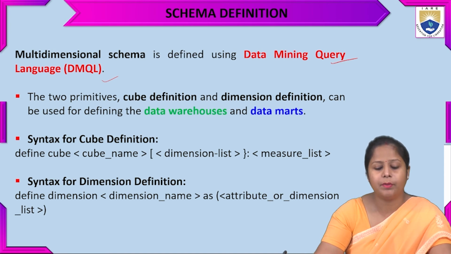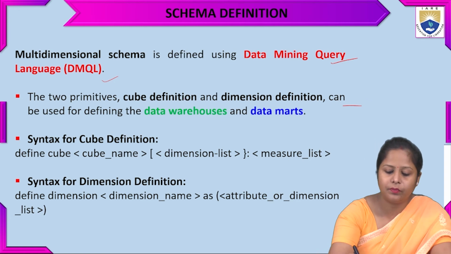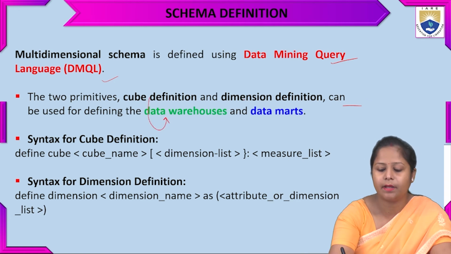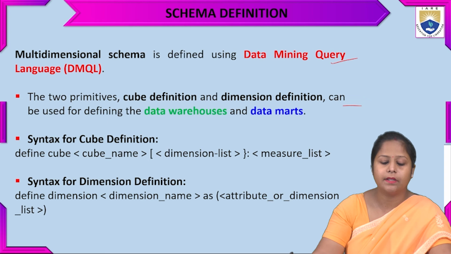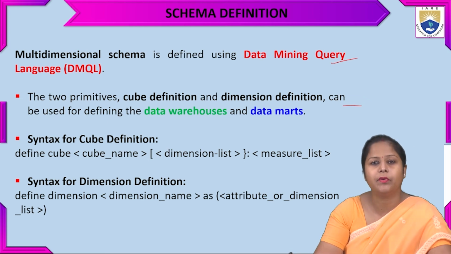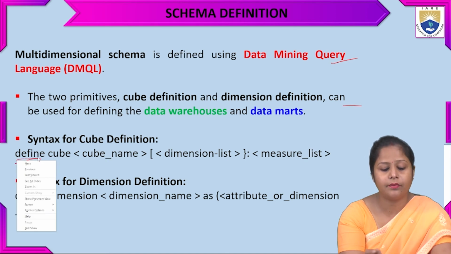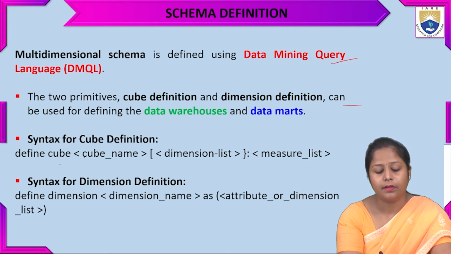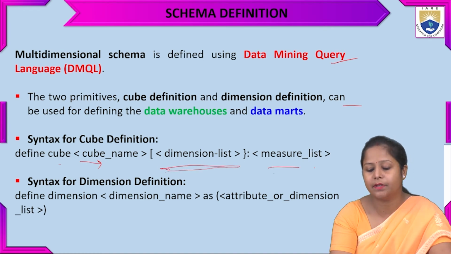The two primitives, cube definition and dimension definition, can be used for defining the data warehouse and data marts. So a cube is defined for the data warehouse and a dimension is defined for the data mart, right? For example, for the cube definition, the schema in the DMQL language is defined as: define cube, then the cube name, then the dimension list and measure list.